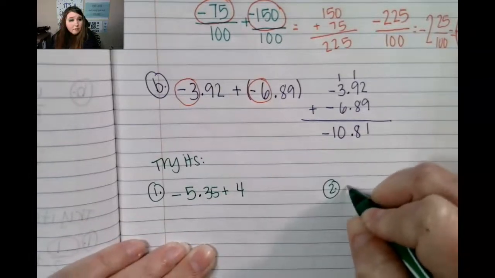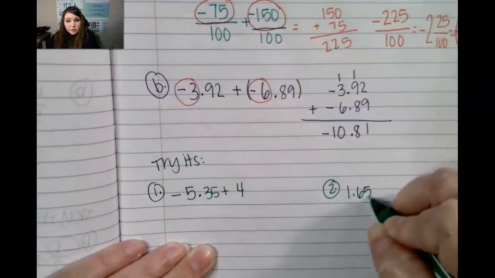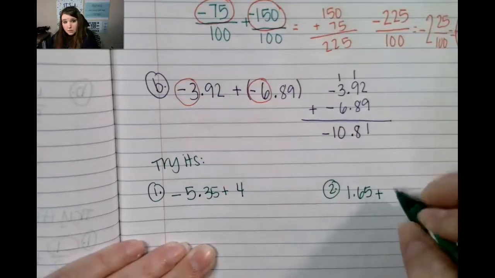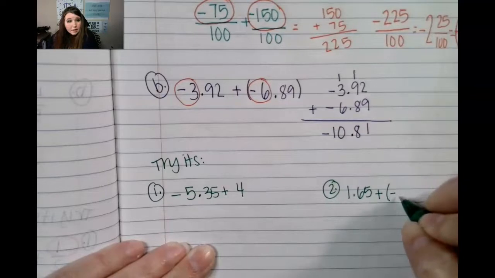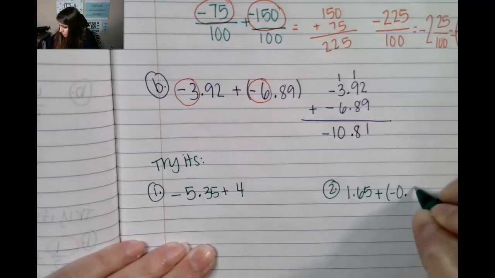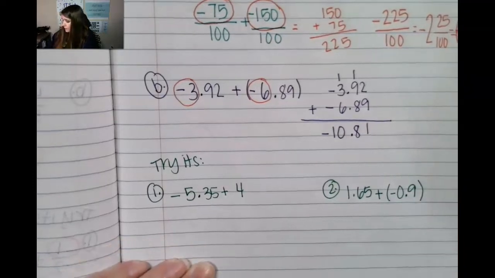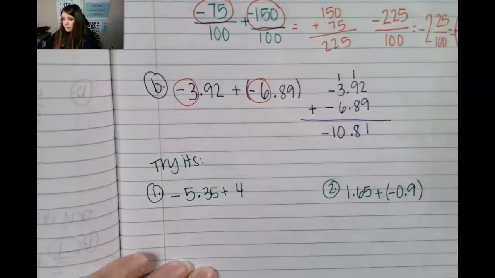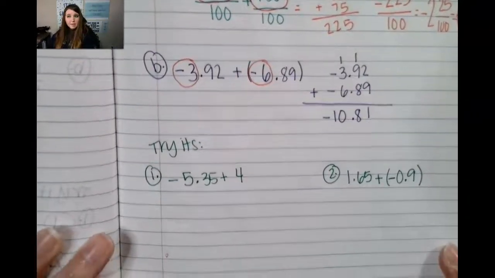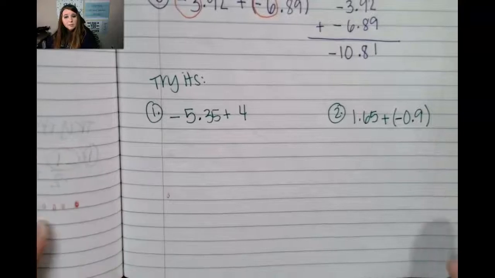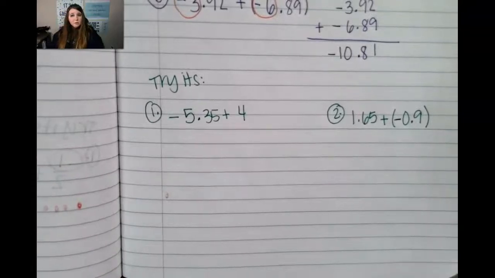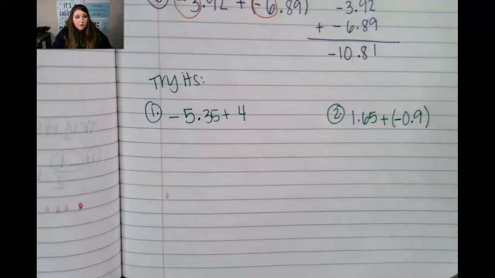I have 1 65 hundredths plus -9/10. All right, so go ahead and hit pause right now so you don't hear me solving, and then when you are ready, you can come on back to the Google Meet and start solving. All right.